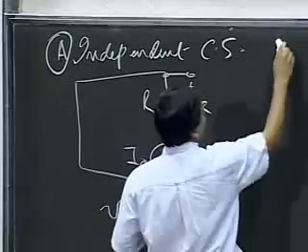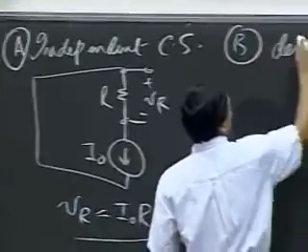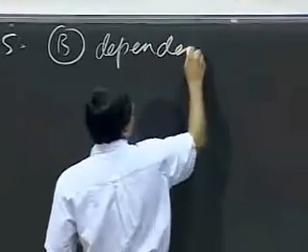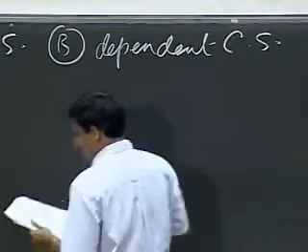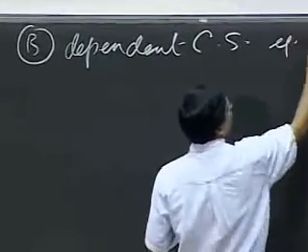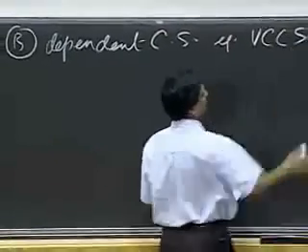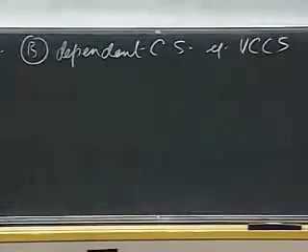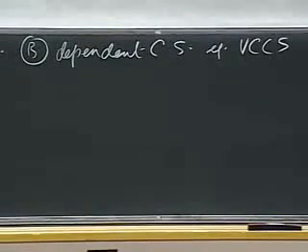Correspondingly, I can do an example with a dependent current source. And as an example, I'll use a voltage-controlled current source. A voltage-controlled current source is a dependent current source whose output current depends on the voltage applied at the control port of the current source.